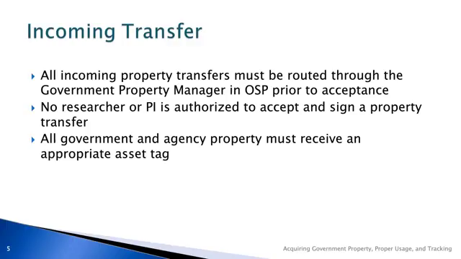Since all government-furnished property must be reported annually and at the end of the award, an accurate account is paramount to contract compliance. No researcher or PI is authorized to accept and sign a property transfer. Once the transaction has been approved, the UAH Asset Management Team will assign and affix an appropriate asset tag to the item for identification and tracking.